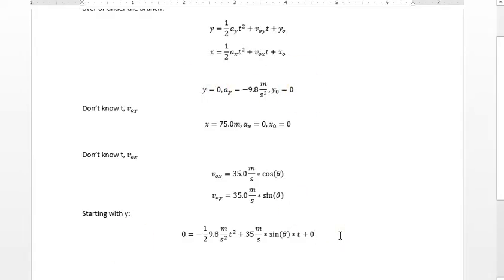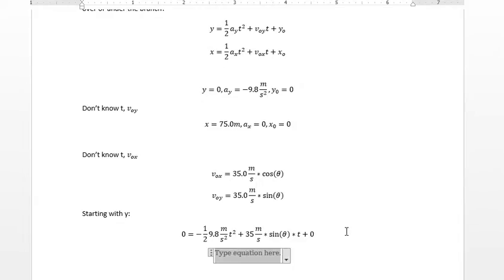Now there's one thing we can do right away with this. We can divide by t, because we have 0 here, 0 there, and we have t squared and we have t. The fact that the t is there to be divided out simply tells us that one of the times you'd be at the same point is if you don't fire this at all, or basically if you fire it straight up. So we get rid of one of the t's.